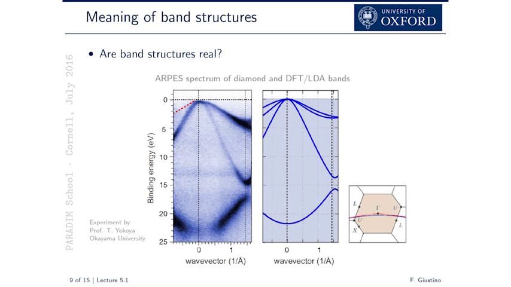So I think we're going to try to answer the question by performing a comparison first. This is a comparison between the angle-resolved photoemission spectrum of boron-doped diamond and the DFT calculation of the band structure of diamond.